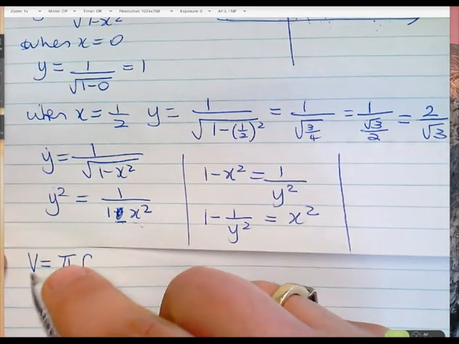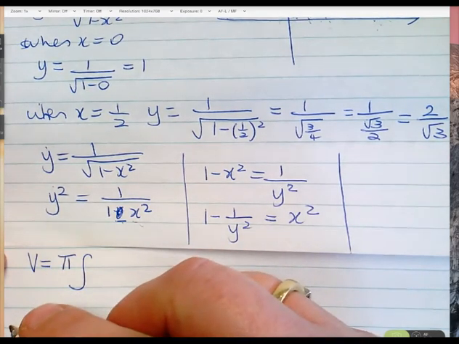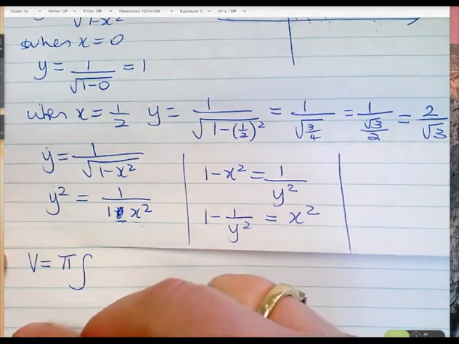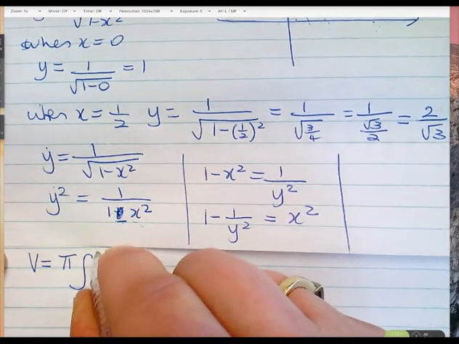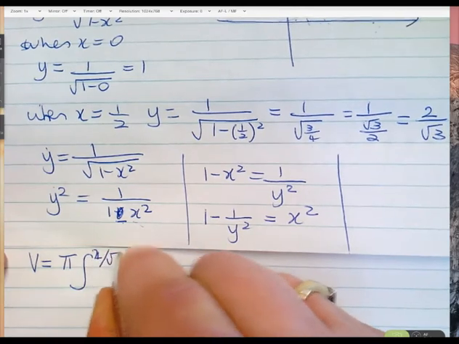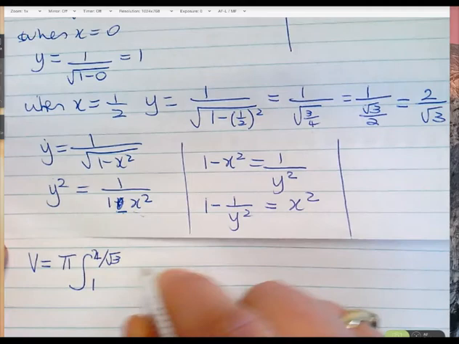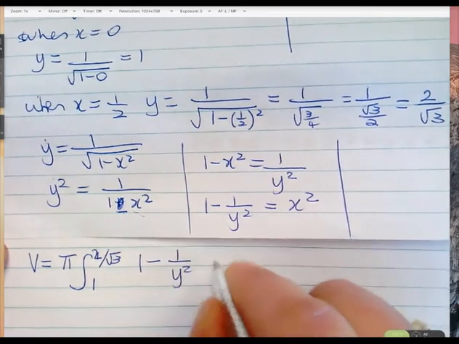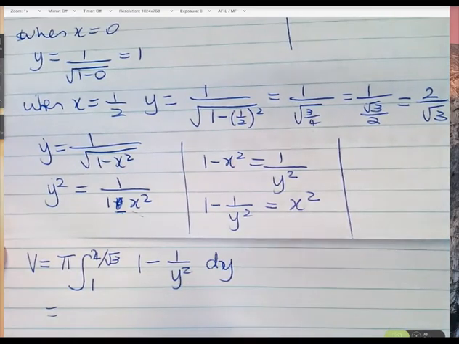What's 2 over root 3? Is it bigger or smaller than 1? Bigger. It's 2 divided by 1.7. It's bigger. Yeah. All right. And 1. X squared is 1 minus 1 on y squared dy. Girls, this can be done without inverse functions.